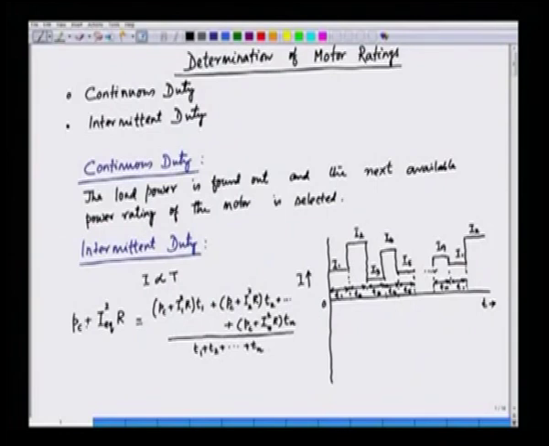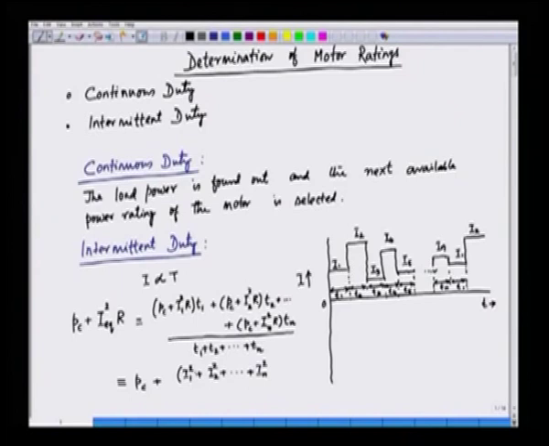So what we can say here is that Pc can be taken common and taken out. So what we have here is Pc plus I1 square plus I2 square up to In square.